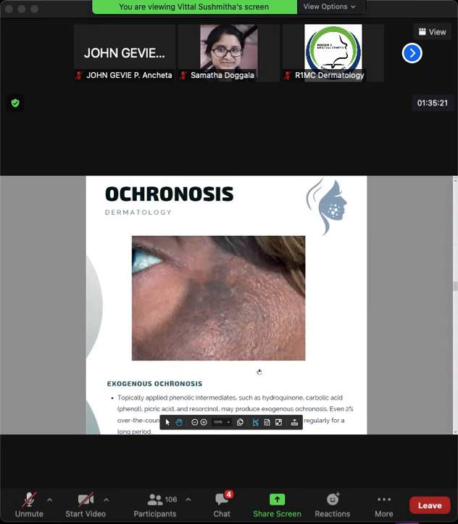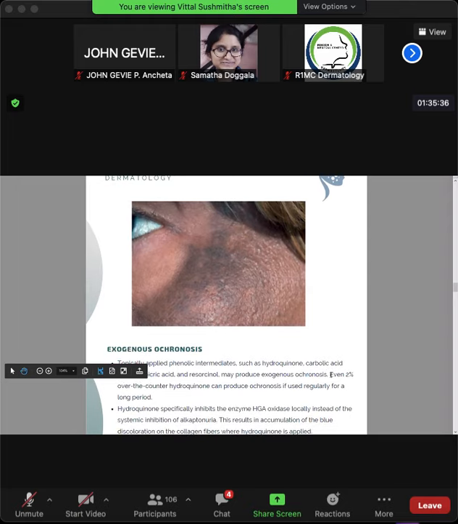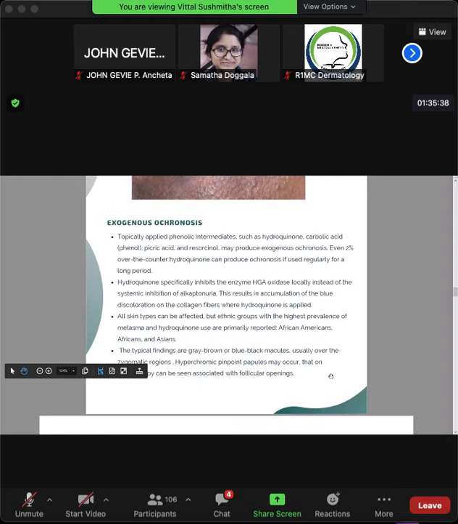So next we have exogenous ochronosis. The typically applied phenolic intermediates such as hydroquinone, carbolic acid, picric acid, and resorcinol may produce exogenous ochronosis, and even 2% over-the-counter hydroquinone can produce ochronosis if used regularly for a long period.